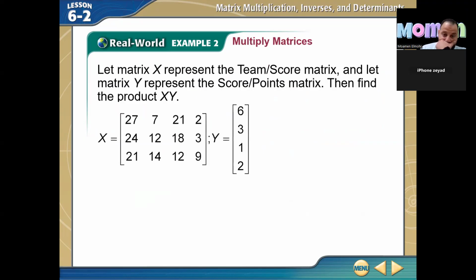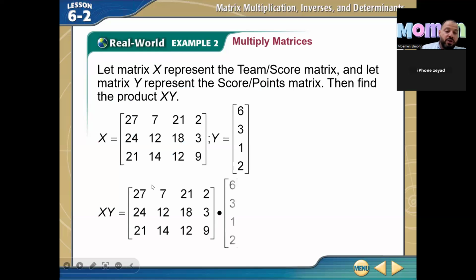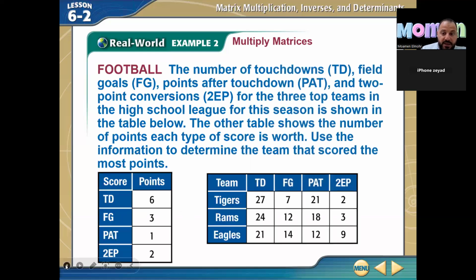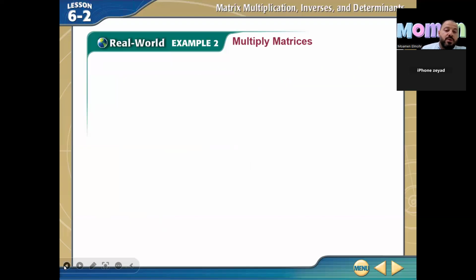This is X, representing the first data, and the second data is represented by Y. This is the first matrix, which is Tigers, Rams, Eagles, and their scores. And the other gives the points of each one: 6, 3, 1, 2. So this is the second matrix.